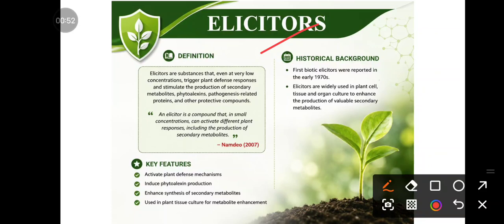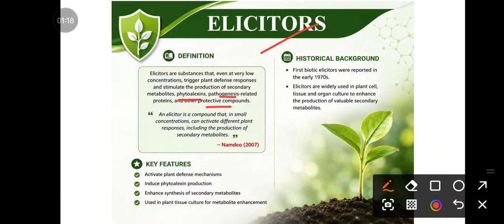Here we will discuss the elicitor in detail. First, the definition. Elicitors are the substances that at very low concentration trigger the plant defense responses and stimulate the production of secondary metabolites like phytoalexin, PR proteins and other protective compounds.